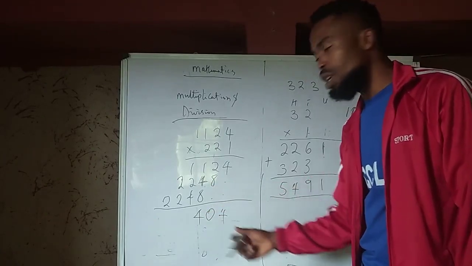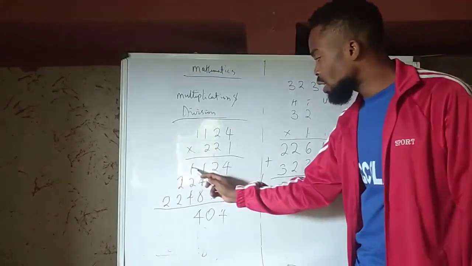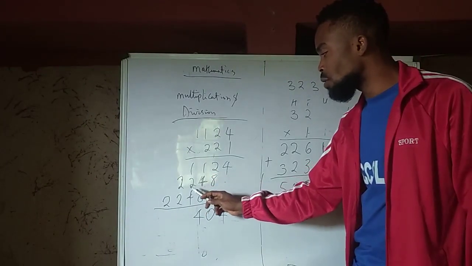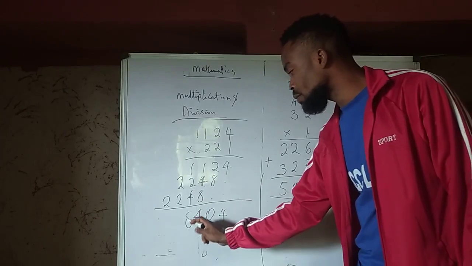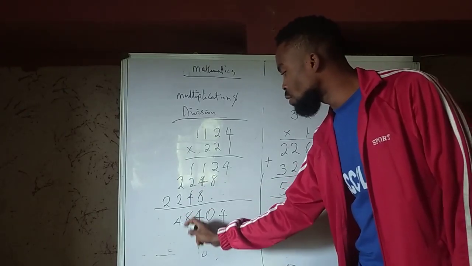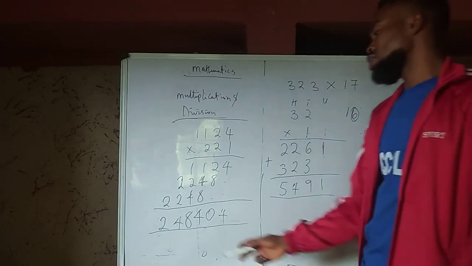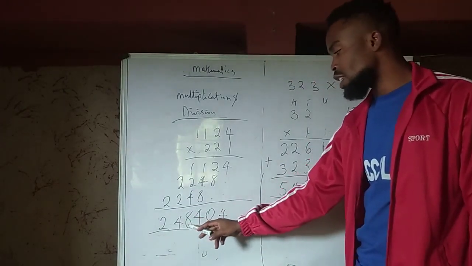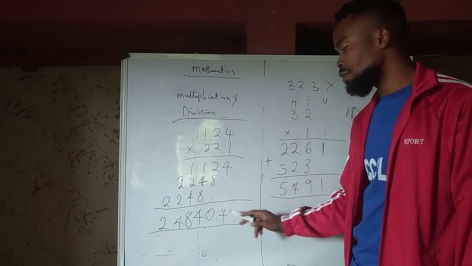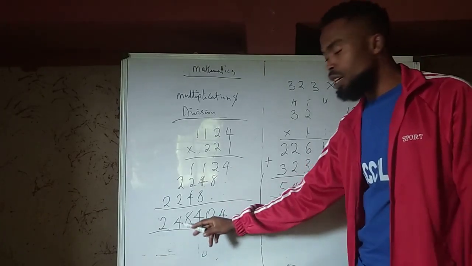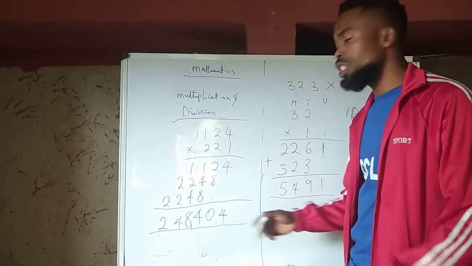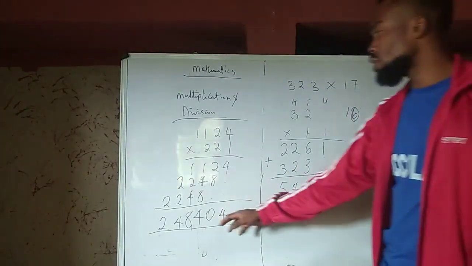So I write 4 and I'll take 1. 1 times 1 here is 2, plus 2 is 4, plus 4 is 8. 2 plus 2 is 4 and bringing down this 2. So this is 248,404. Okay, so that's what the result is here.